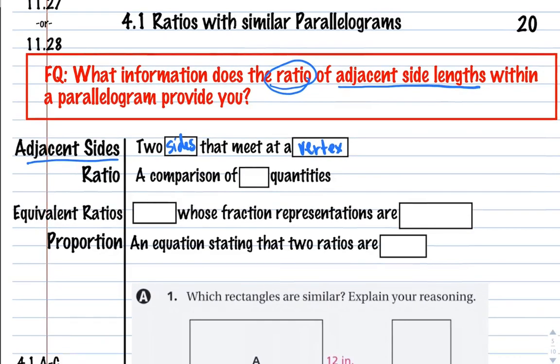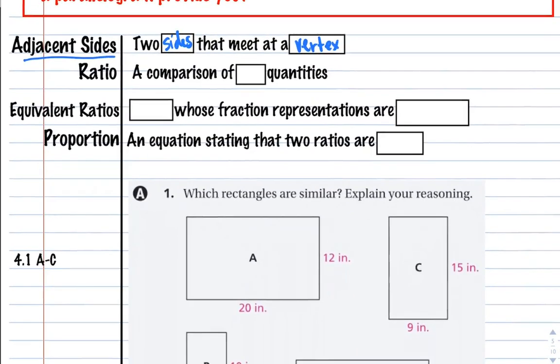For example, you don't have to highlight this. I'm just going to show you what I'm talking about. This side length and this side length, those are adjacent. This side length and this side length, they're adjacent because they meet at a vertex. If they don't meet at a vertex, then they're not adjacent.